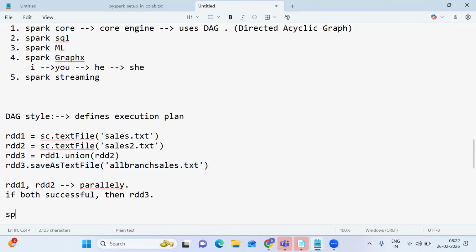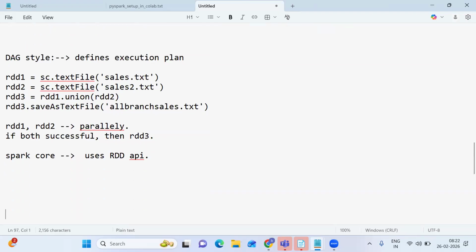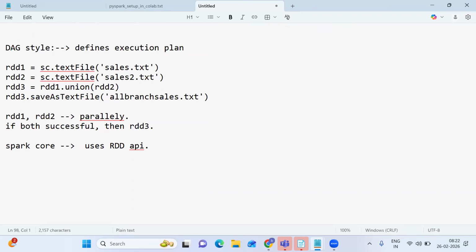That means Spark Core, one more statement, uses the RDD API. Understand? So DAGs can be created in Spark. First Spark.